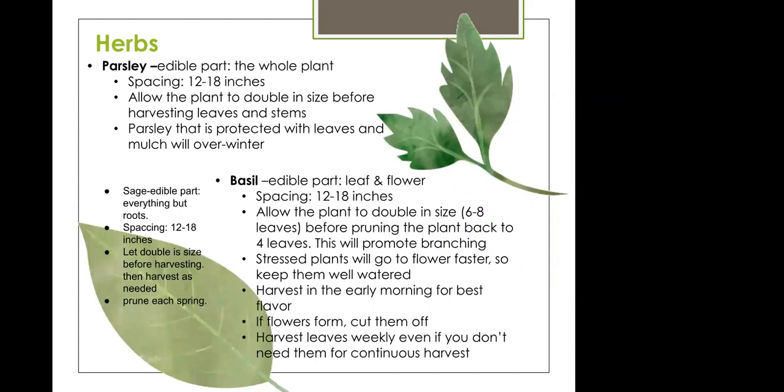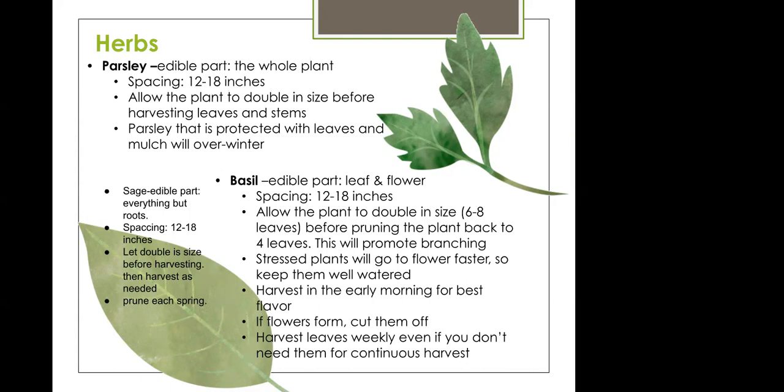So just quickly, for our herbs, parsley: the whole plant is edible, maybe even the roots. Spacing is 12 to 18 inches, depending on how much space you have. You want to give those plants a little bit of time before you start harvesting them, and then from there, you can just harvest it as needed.